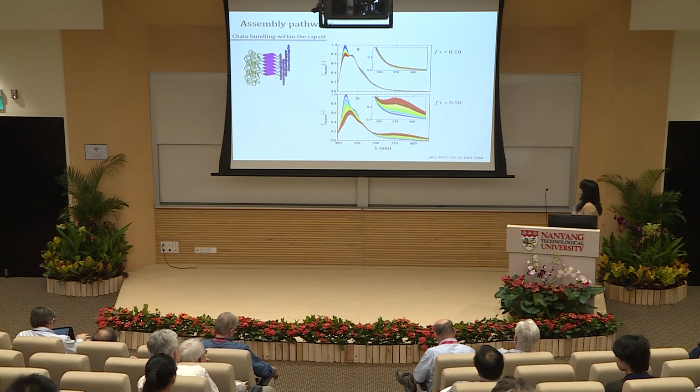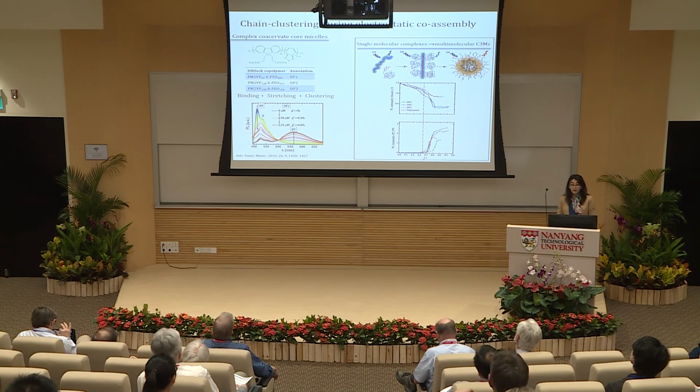And when you look at the bottom graph, we had a bit of FRET happening. I say a bit because in the next experiment, what I will show you is a complete transfer of the energy during the complex coacervation. So here we still conclude that chain bundling was happening within the capsid when the concentrations were high enough.